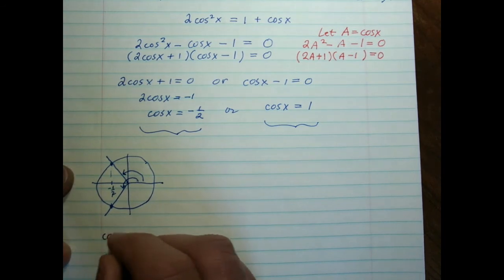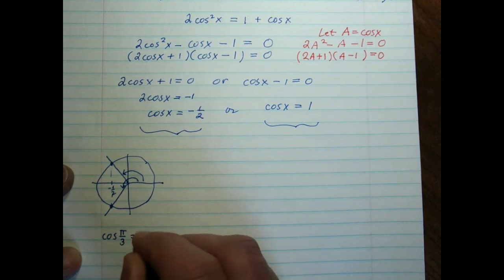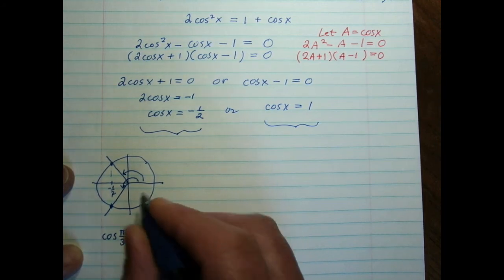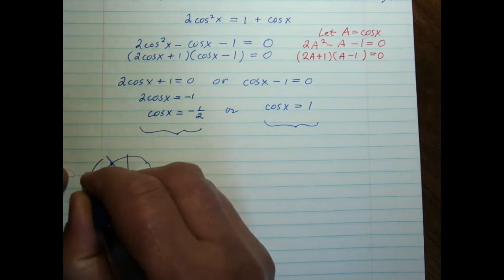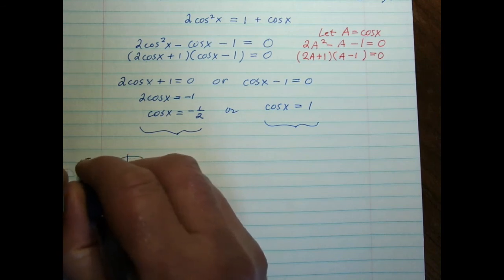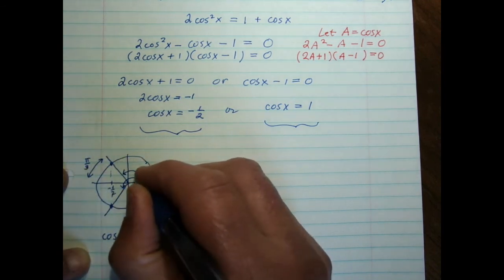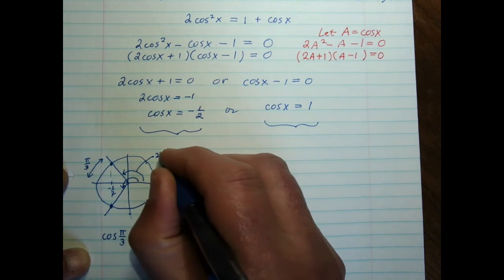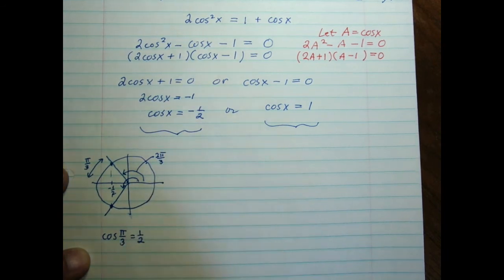Now I know cosine of pi over 3 is a half. That's actually the reference angle. So from here to here is pi over 3. That means this guy is 2 pi over 3, right?